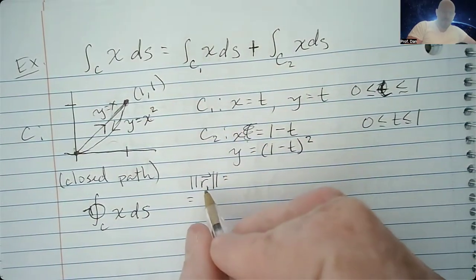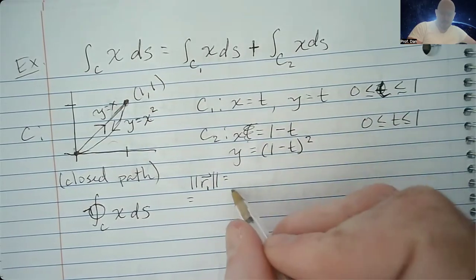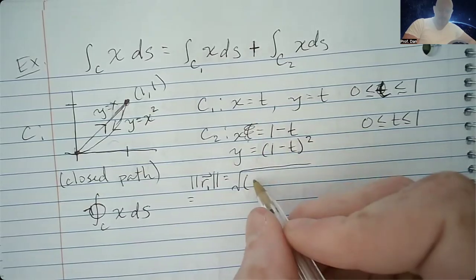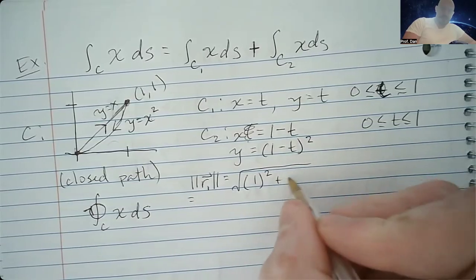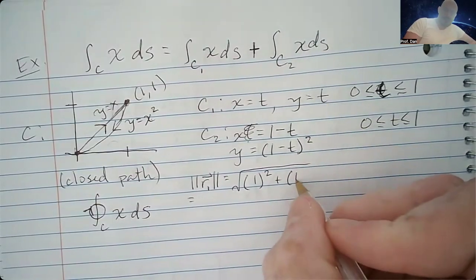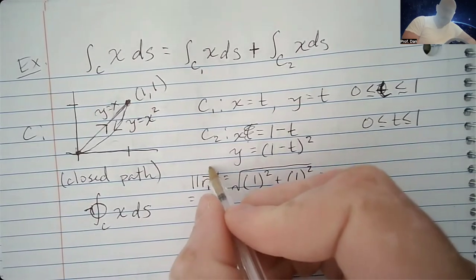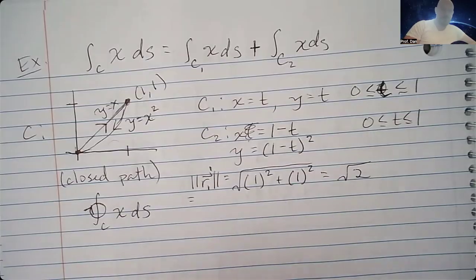So I have one for C1. In that case, we have the square root of the derivative of x with respect to t, that's going to be 1 squared, plus the derivative of y with respect to t, that's also going to be 1 squared. So the magnitude of r prime is the square root of 2.